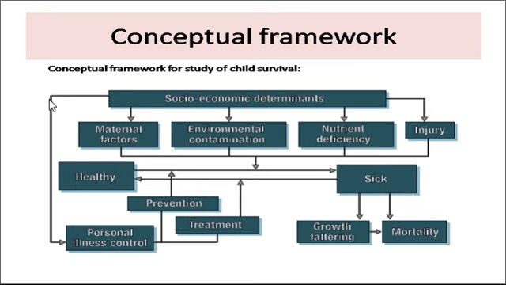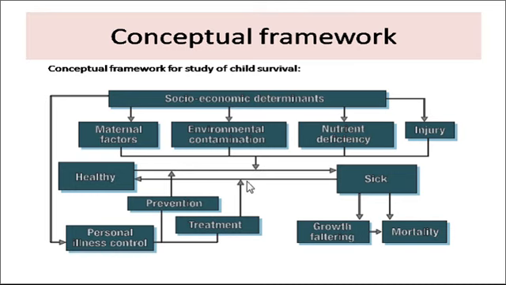Now, let us come to another factor, which is personal illness control. There can be two things: either there is prevention or there is treatment or cure. So personal illness control will lead to either prevention or it will require treatment. Prevention is again going to lead a child to become either healthy or sick.